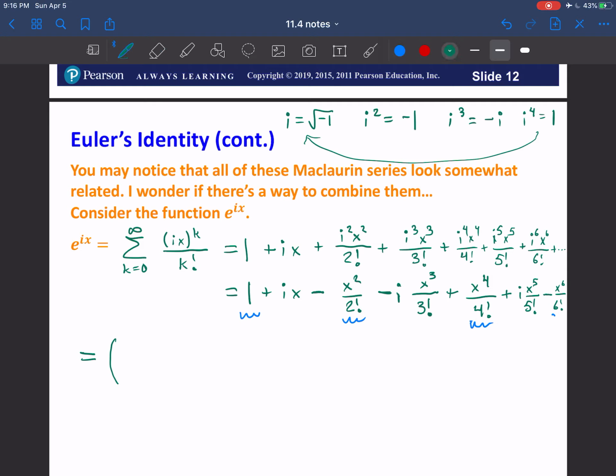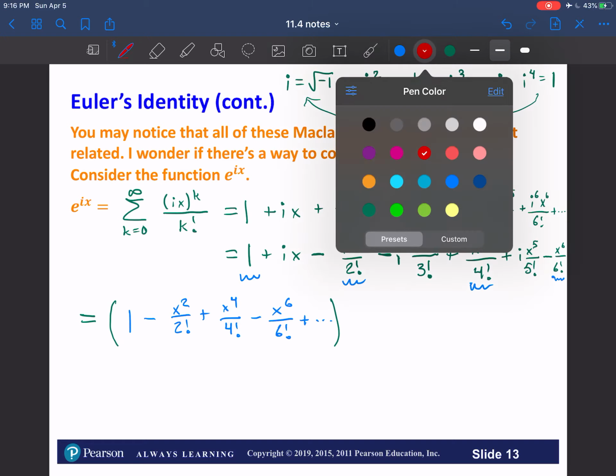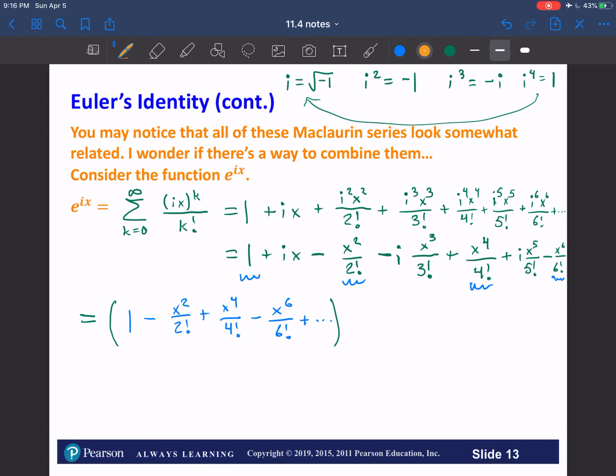Yeah. And this guy. So we have 1 minus x squared over 2 factorial plus x to the 4th over 4 factorial minus x to the 6th over 6 factorial. And that continues on forever. And then let's consider all the terms that do have an i.